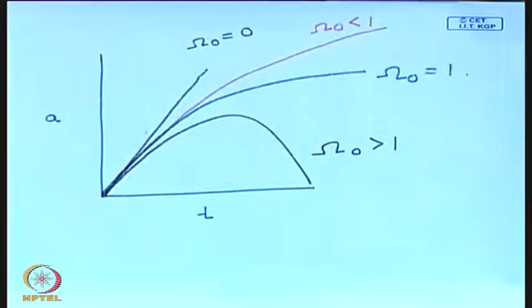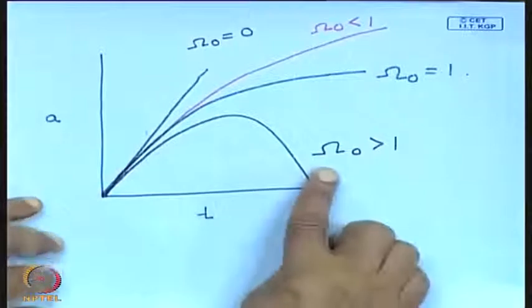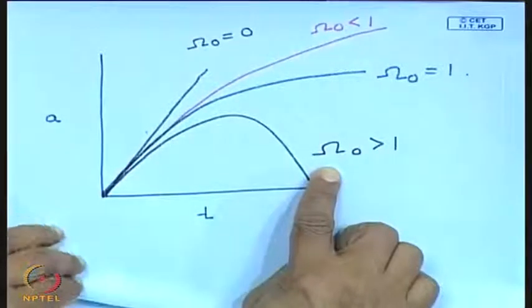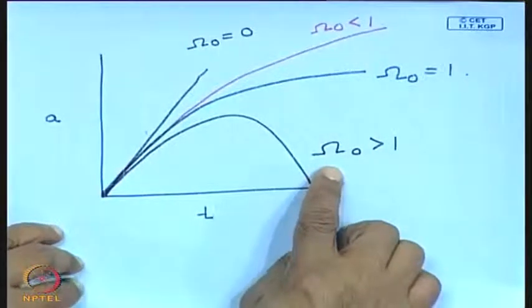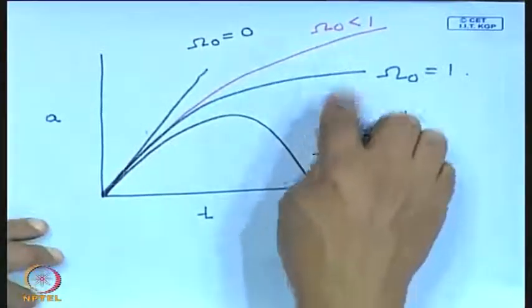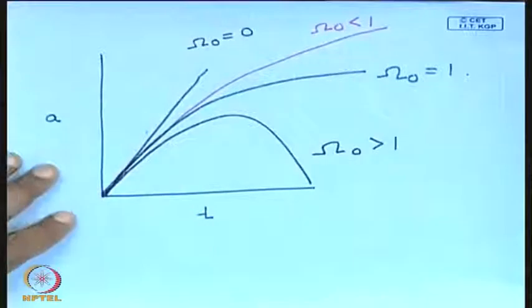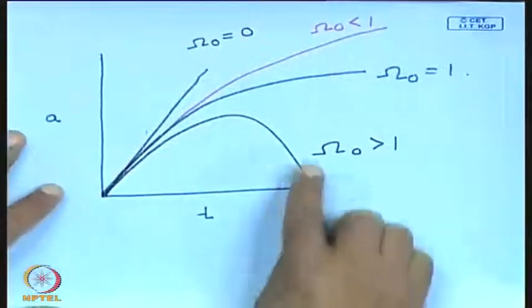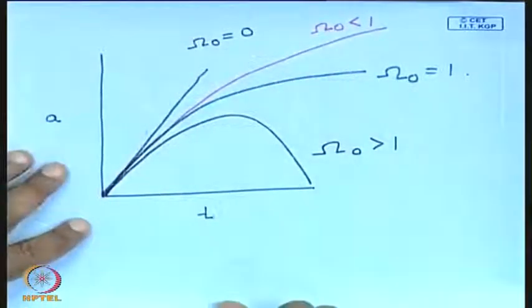Now, you see the crucial point here is that the behavior of the expansion of the universe depends crucially on the value of the density parameter. So, it is very essential to determine which cosmological model we live in. Which of these is our universe, that is the crucial question.